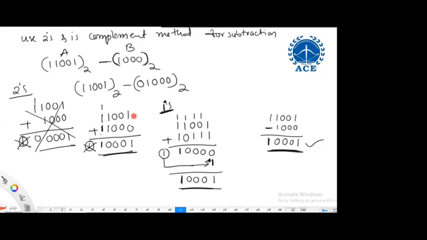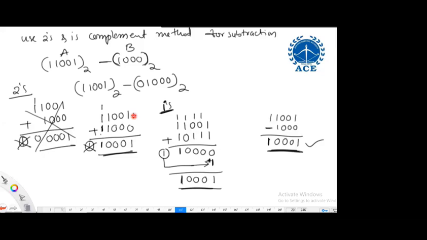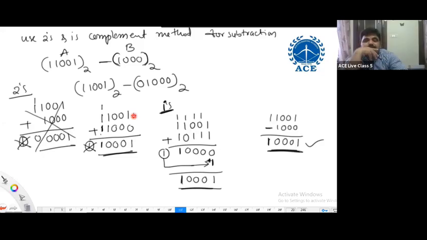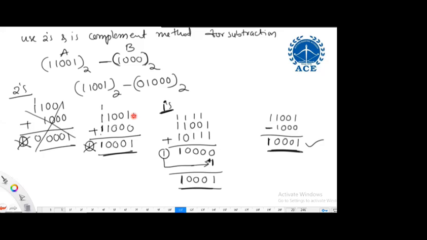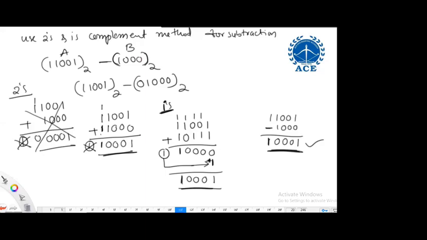You are thinking these numbers are signed, so I need to extend with the MSB. No. Extending with the MSB and taking two's complement will not give the correct answer. So this rule is exclusive to the complement subtraction method only, right, sir? Yes. That is my doubt. Thank you, sir.